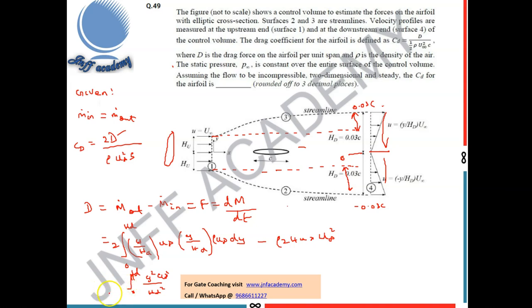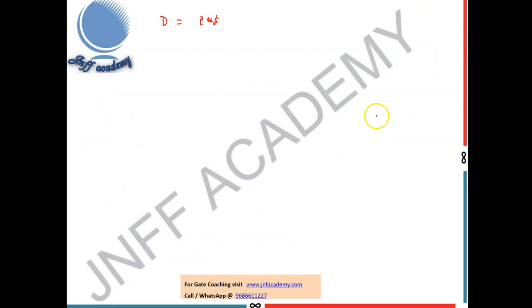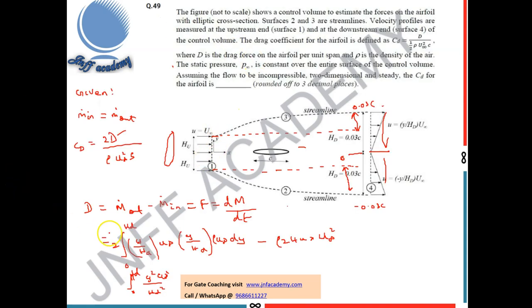If you substitute the limit, you will get rho u infinity square ht, and a factor of 2 by 3 will be there in the first term, because y cube by 3 ht, and the 2 is outside.